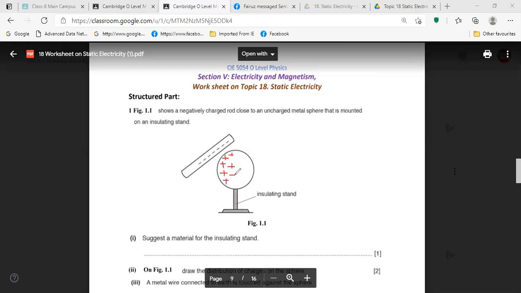So we also drew 7 here. And here will be negative on the other side. 2, 3, 4, 5, 6, 7.